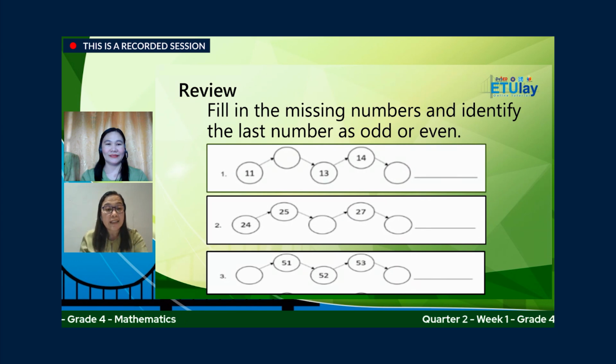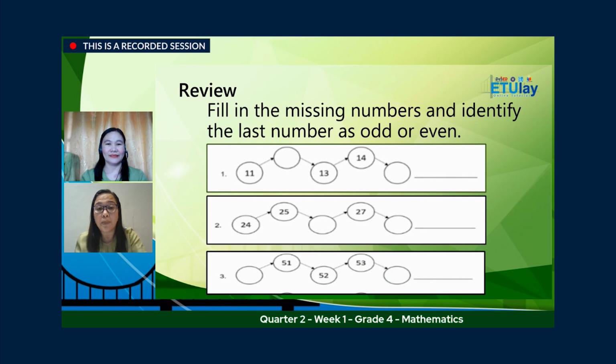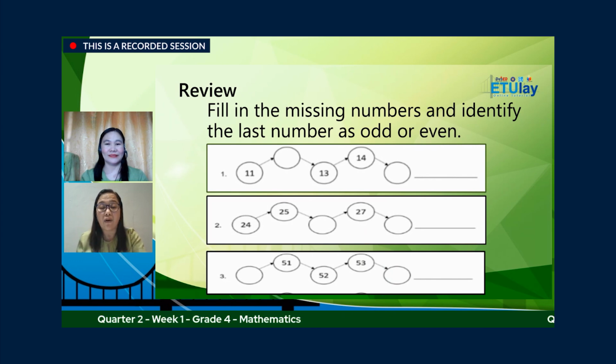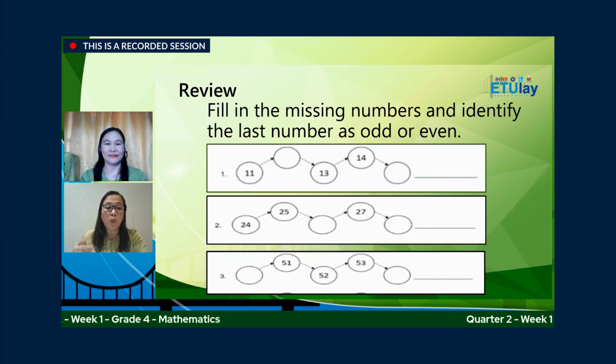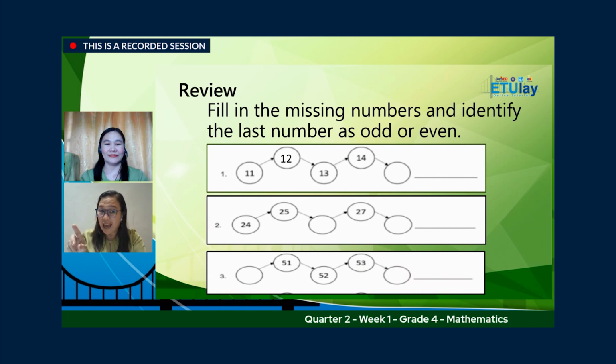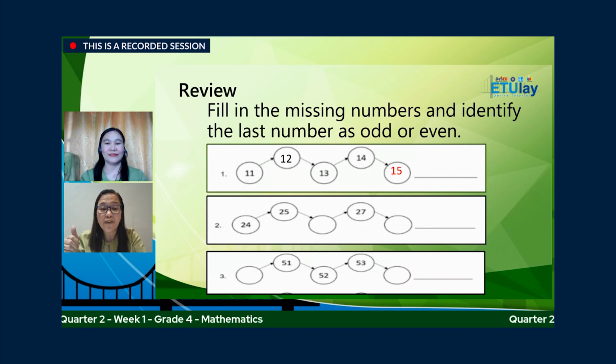Before we start, let's have a review. Fill in the missing numbers and identify the last number as odd or even. Number 1: 11, 12, 13, 14, and the last number is 15.